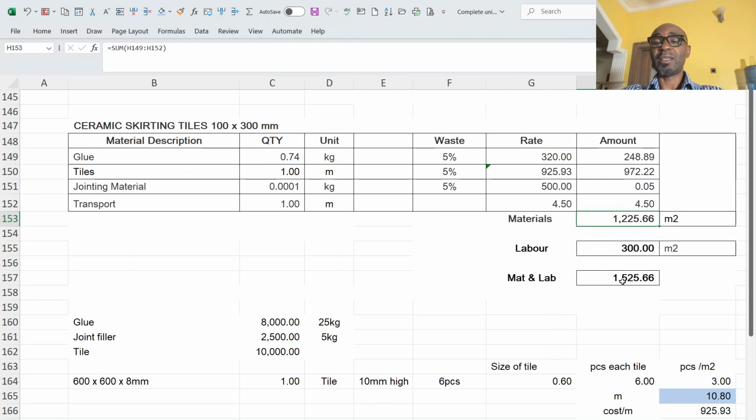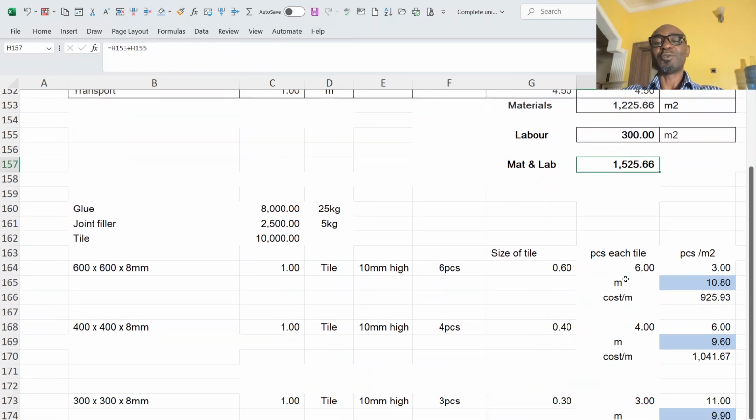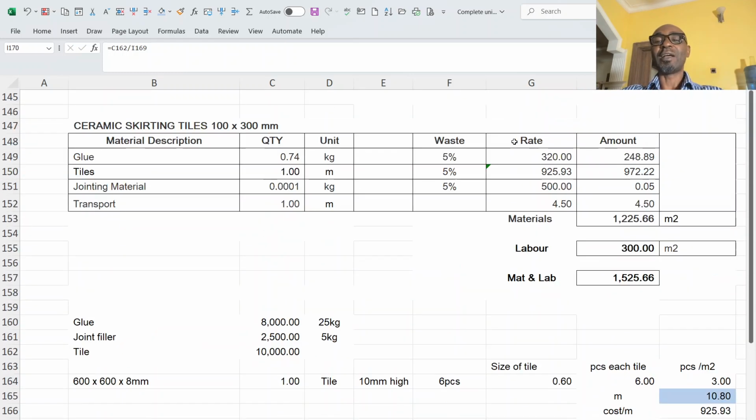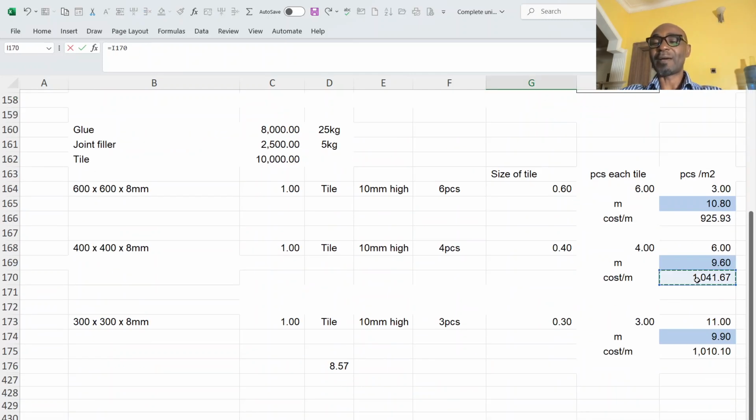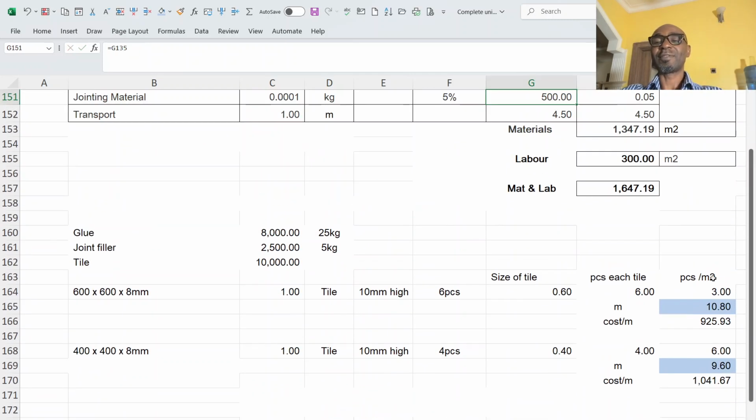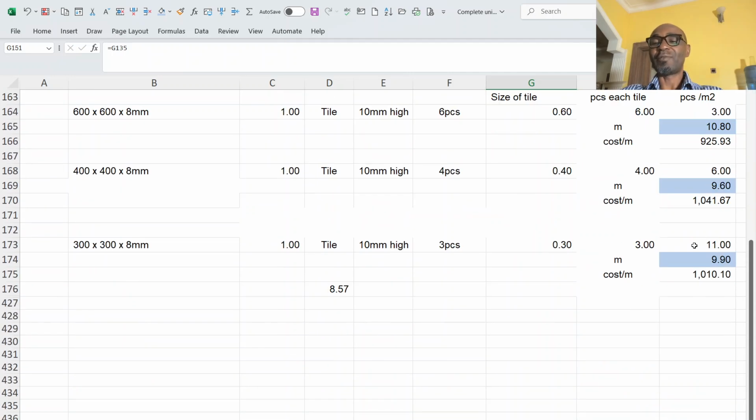So now 300 plus 1,225, you have 1,525 per linear meter, excluding your profits, excluding your overheads, excluding your indirect. So this is your cost. So if you apply this amount, you have a different amount.